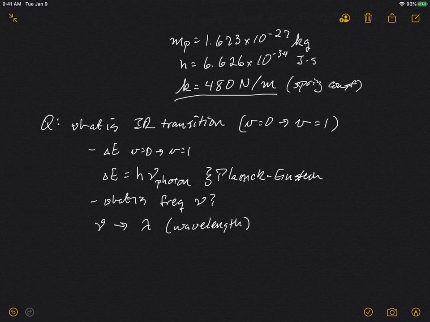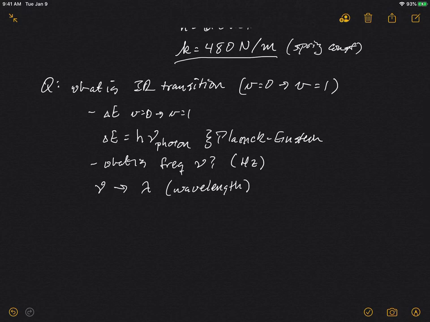And of course frequency is in hertz. And there's another unit that is used a lot in infrared, it's used primarily. It's the typical unit for infrared spectrum, something called wave numbers.